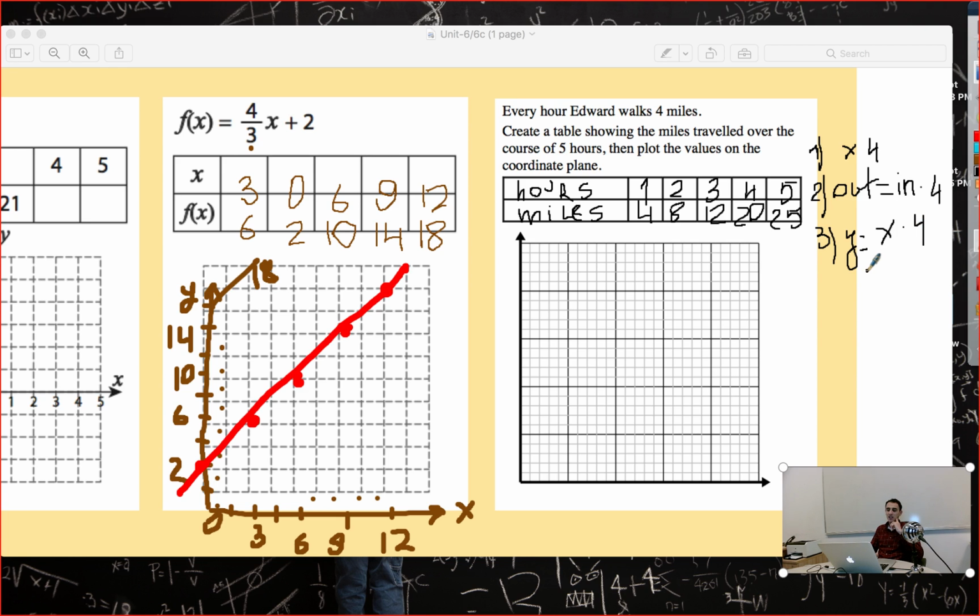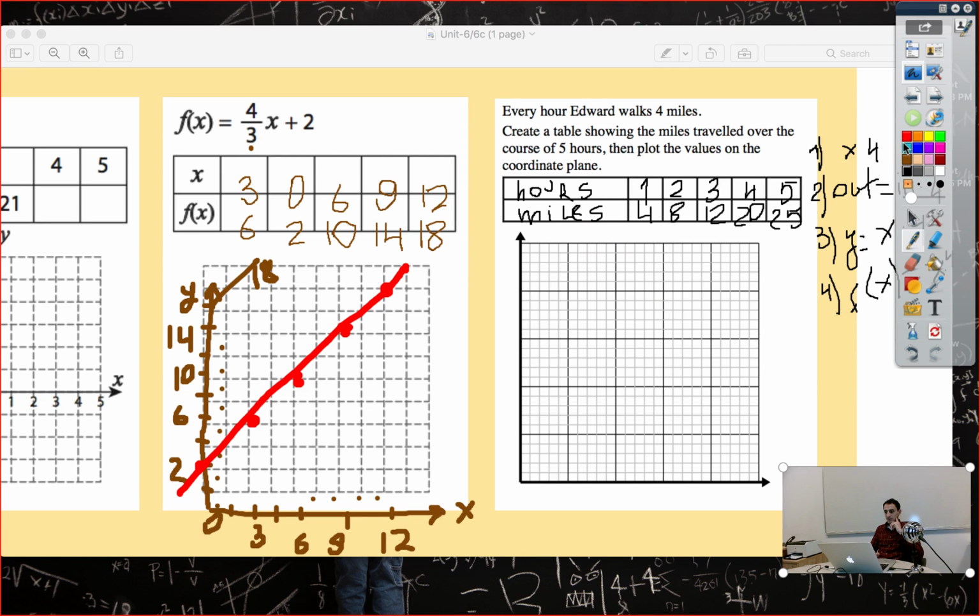Or in function notation, the last way for explaining the rule is f of x is equal to x multiplied by 4. Okay?